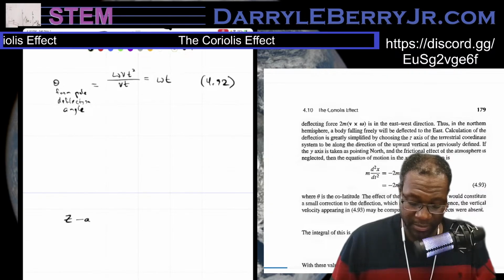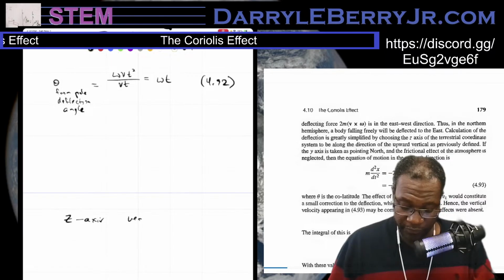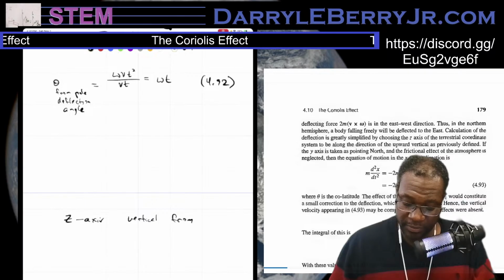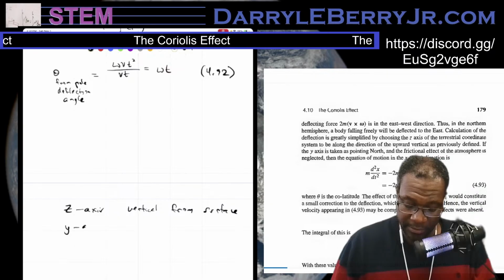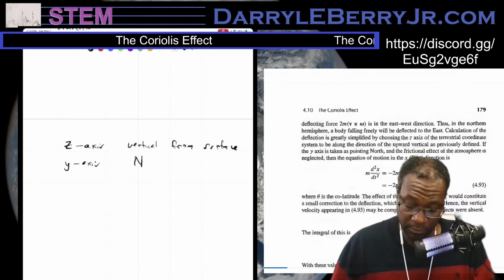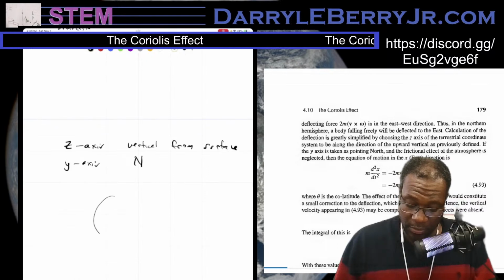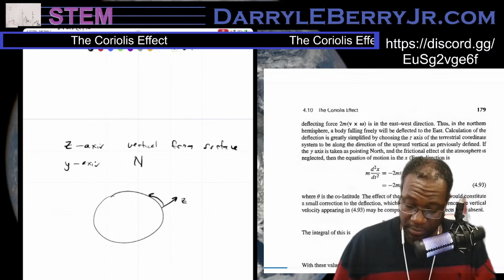So z-axis is vertical from surface, y-axis north, so I'll also draw the earth. This would be z. This would be y. This is the North Pole.